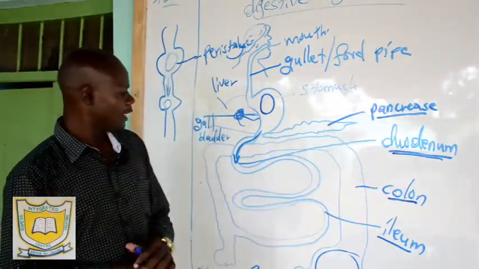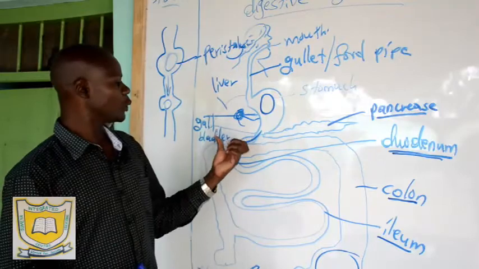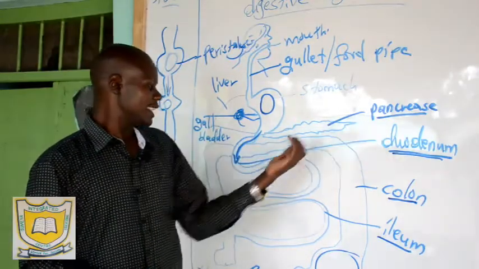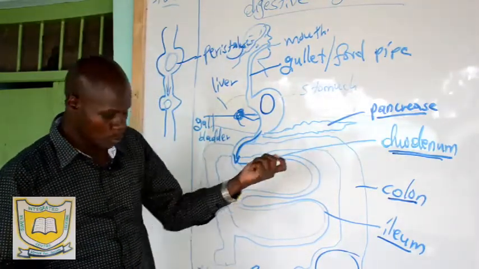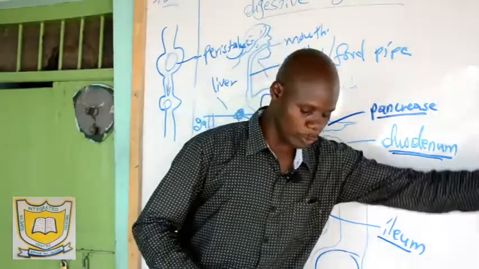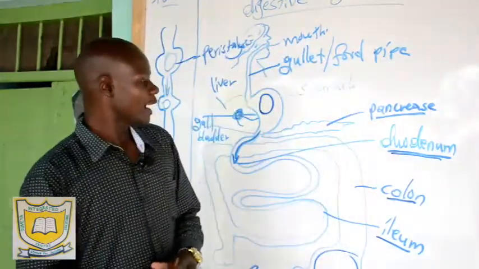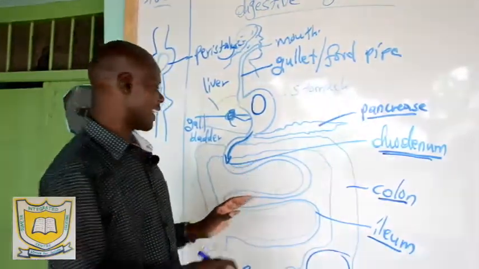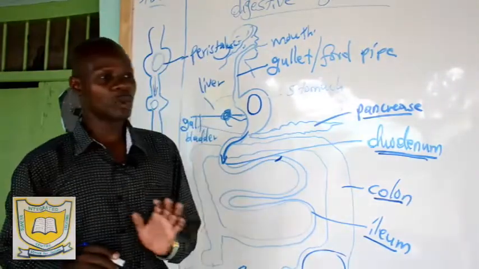Now from there the bile juice and pancreatic juice is sent down into the duodenum to digest fats and oils. The digestion process ends in the duodenum.